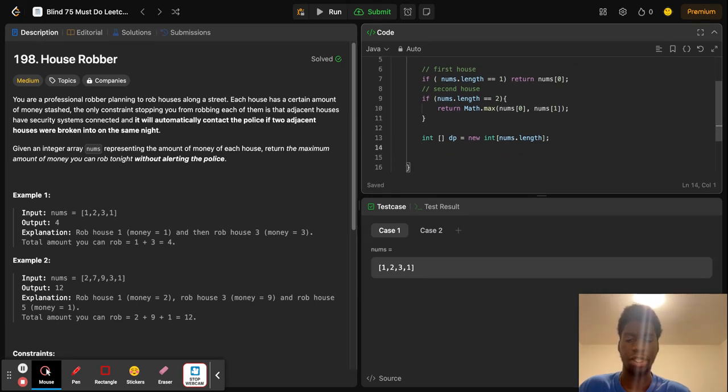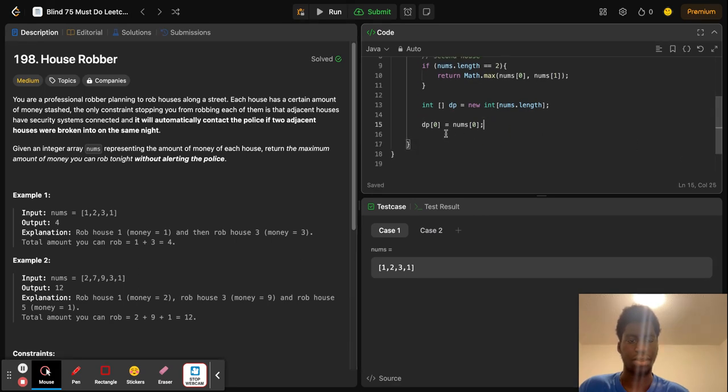Also I learned that you have to do dp at 0 equals nums at 0, because we're initializing the adjacent stuff.